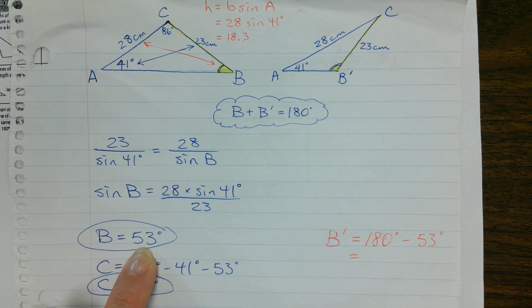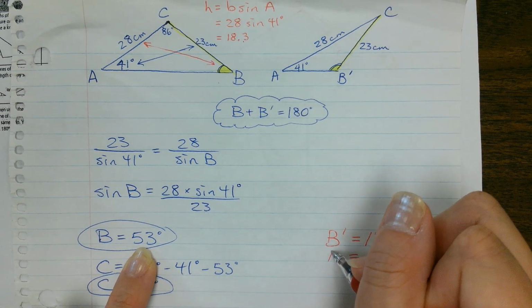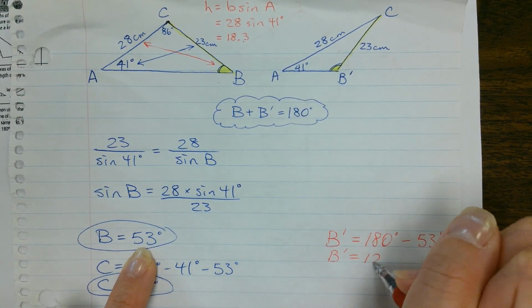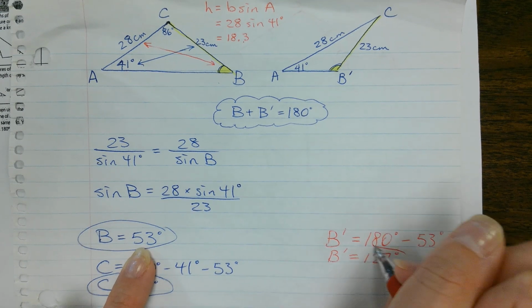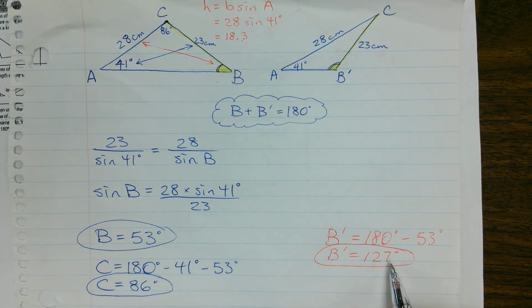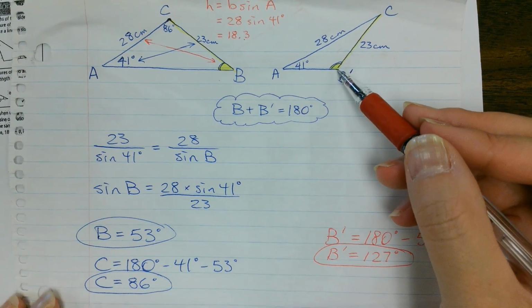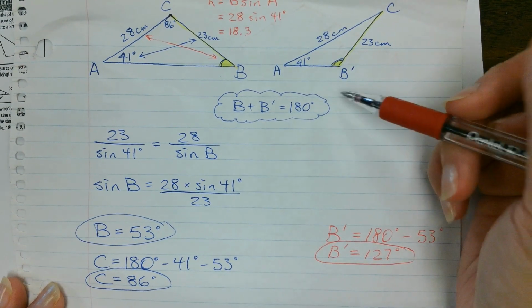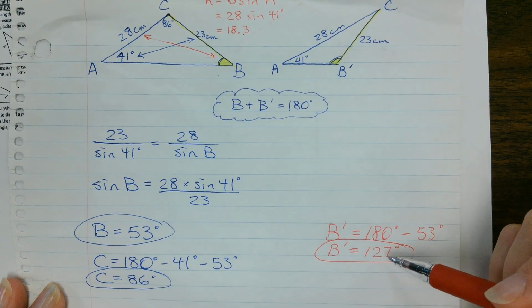So B prime is 127 degrees. So this obtuse angle is 127.